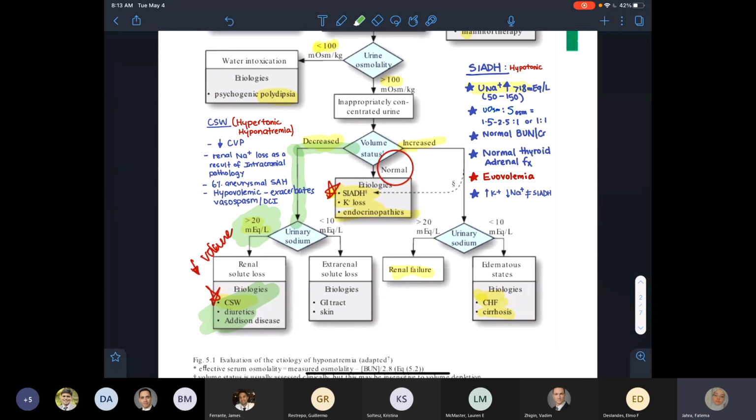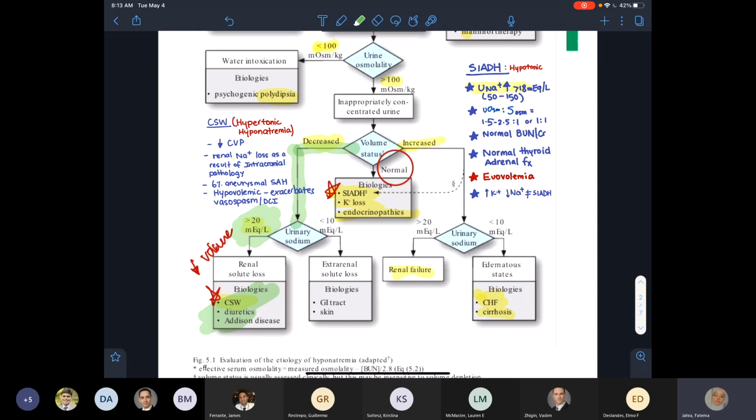There's no clear reason why this happens, but there are many hypotheses of why the kidneys fail to concentrate urine in the setting of intracranial abnormalities like strokes and subarachnoid hemorrhage. Subarachnoid hemorrhage is one of the biggest ones. This is data from before, so I'm not sure if it's higher now, but 6% of them have cerebral salt wasting.